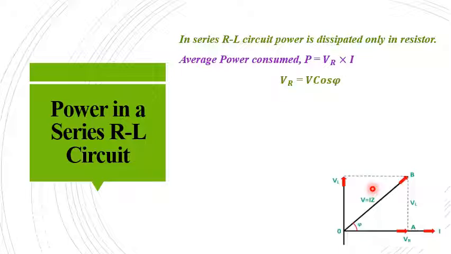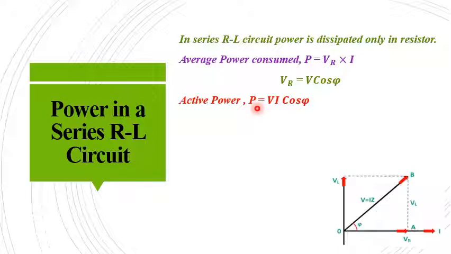Substituting for VR in the above equation, we will get power as VI cos phi, where V and I are the RMS value of the supply voltage and current, and cos phi is the power factor of the circuit. So this is regarding the active power.